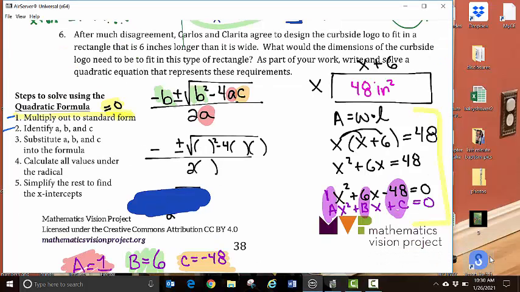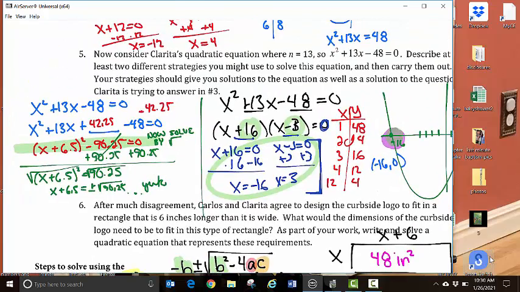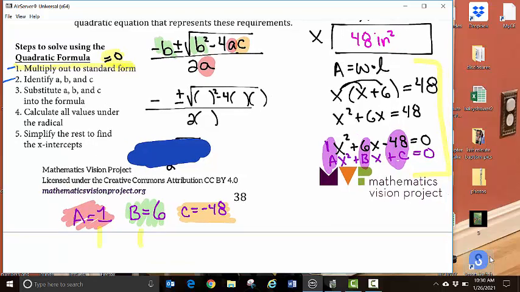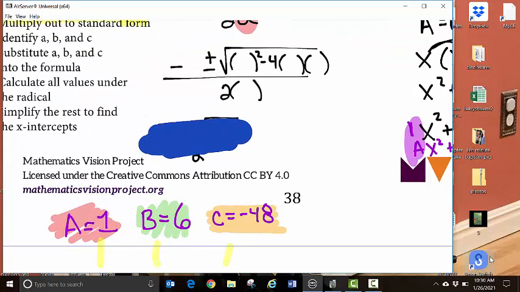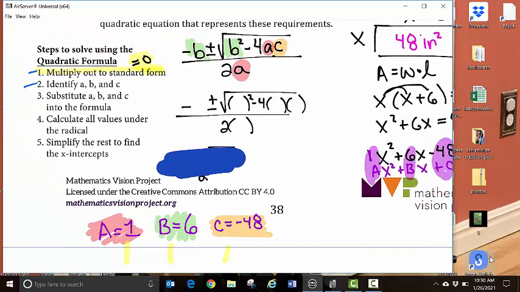This formula is so amazing because instead of having to do all this work like we did up here, either solving by completing the square and square roots, or factoring, or graphing, we can identify what A, B, and C is, put it into this equation, and we're done. It's like magic. So here's the deal. B goes here.